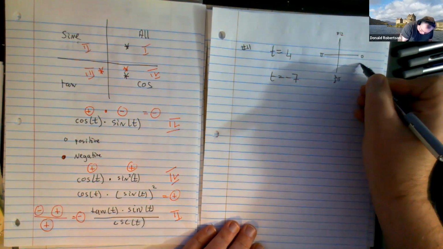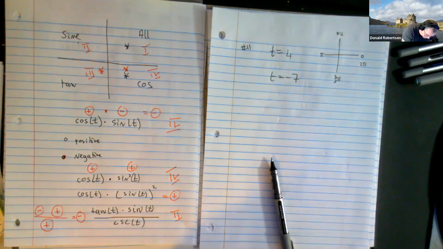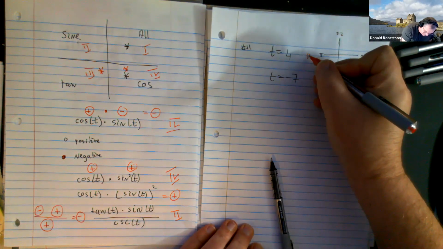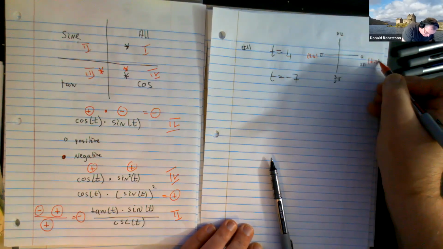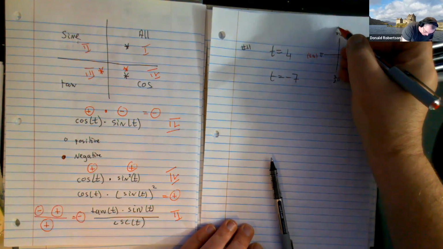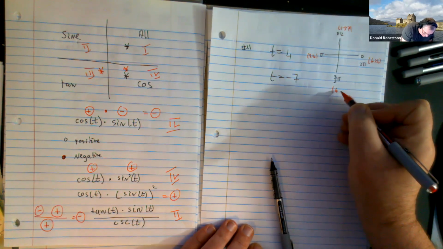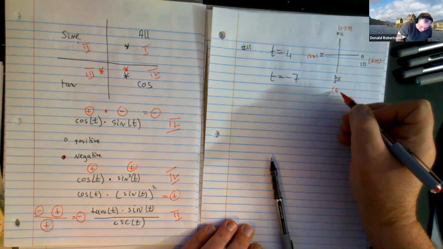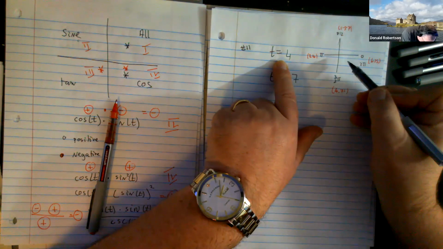Well, if I turn them into decimals, very rough decimals, this is about 3.14. And this here is about 6.28. This guy up here is 1.57. And this guy here is about 4.71 roughly, right? Now, 4. Would you agree if I was drawing 4, it would be in the 3rd quadrant?